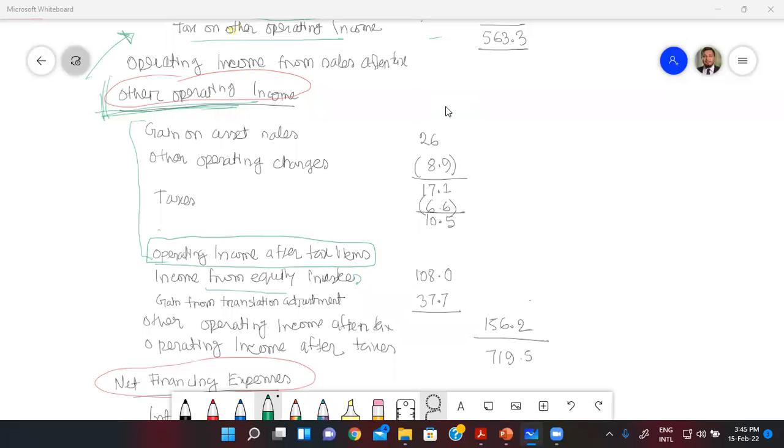No. Interest expense? No. Realized gain on available for sale investment. What do you think? Should it come here? Realized gain on available for sale investment. Okay. Shohak, you have mentioned that realized gain will appear here in the other operating income.